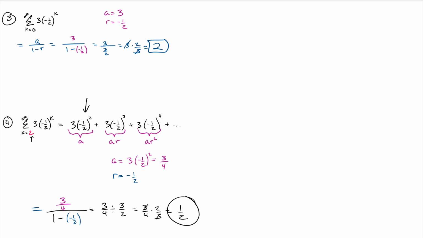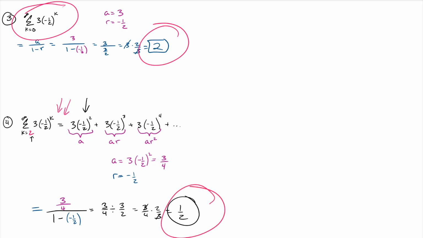Because we lost our first 2 terms from this. This problem turned out to be 2. This problem turned out to be 1/2. But if you looked at the first 2 terms, if you just plugged in k equals 0, you're going to get 3. If you plug k equals 1 into that, you're going to get negative 1.5.